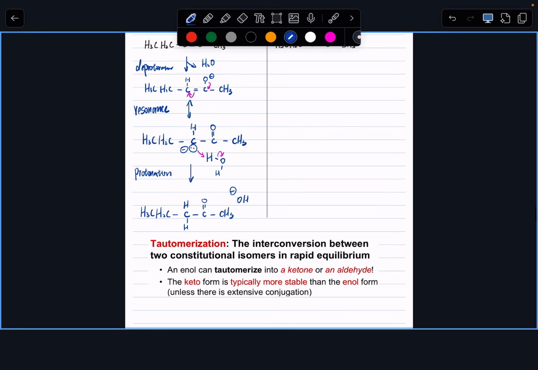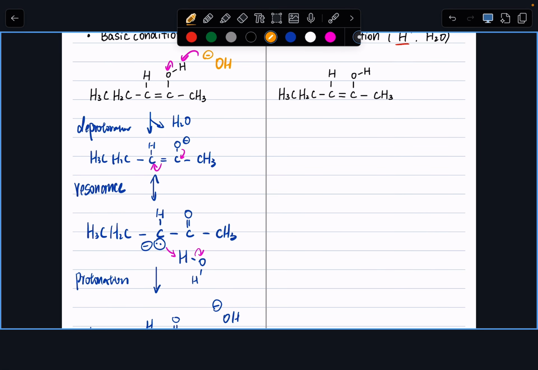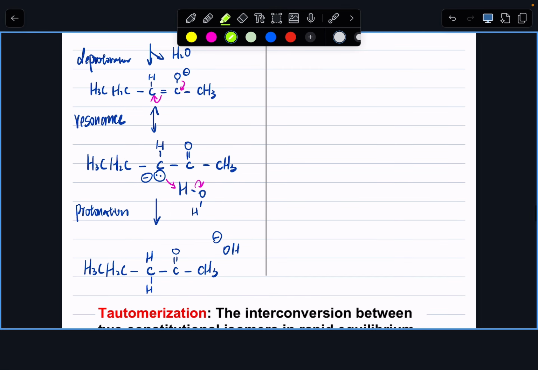All right, so if we look at this entire mechanism here, we started by using OH minus as our catalyst. We're regenerating this OH minus. So my OH minus here is acting as a catalyst.